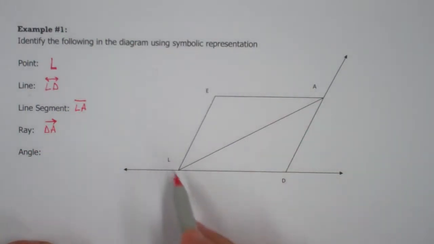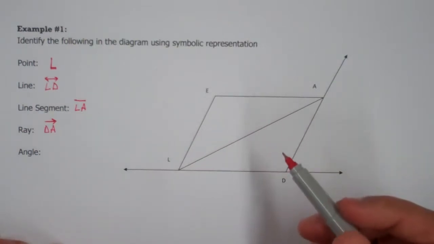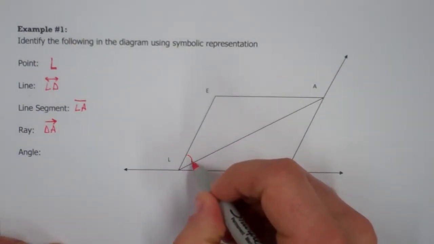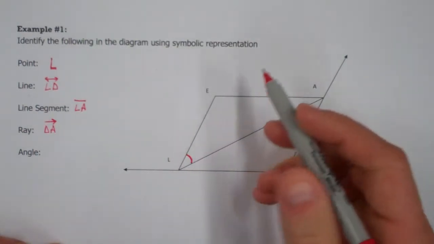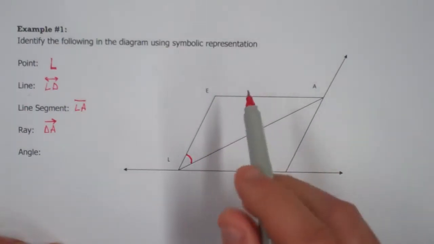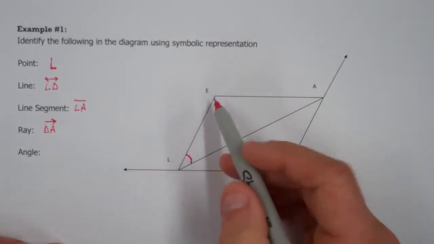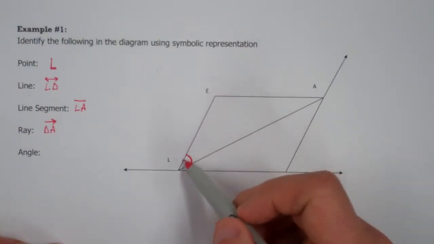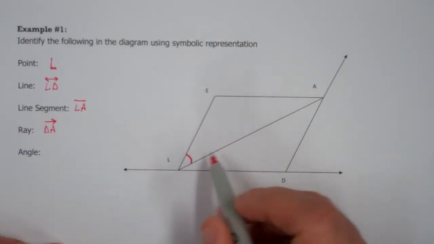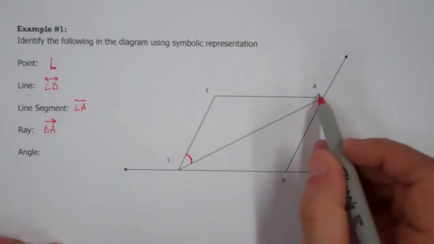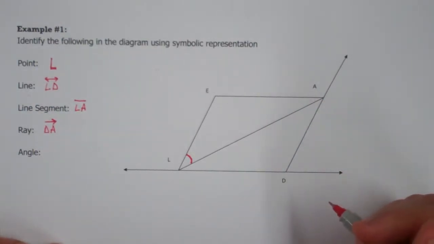There's tons of angles in this one. So if we list an angle, let's maybe list this angle right here. We'll just pick one. And for this angle we want to state a point that's on maybe a side of the angle, okay? And then we're going to list the vertex point and then another point that's on the other side of the angle.